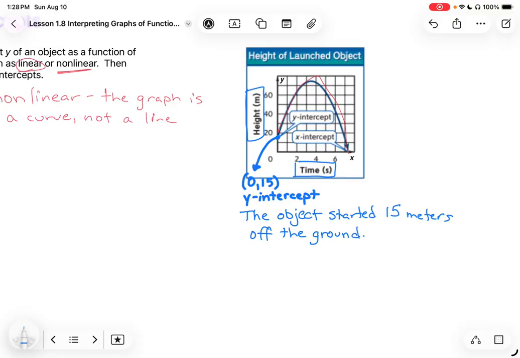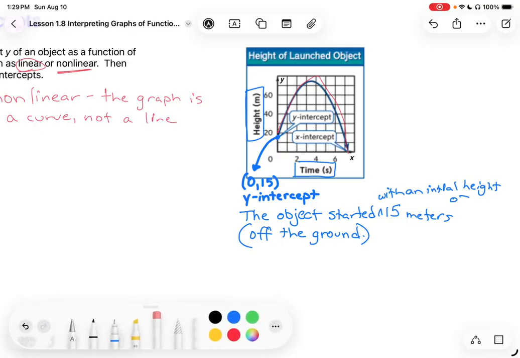If we were good mathematicians, let's be good mathematicians, we'll say the object started with an initial height of 15 meters. We don't really know if it was off the ground, it could have been from the top of a building or a platform or something. 15 meters from the launch site, we don't know. Probably the ground, but we can't say for sure.